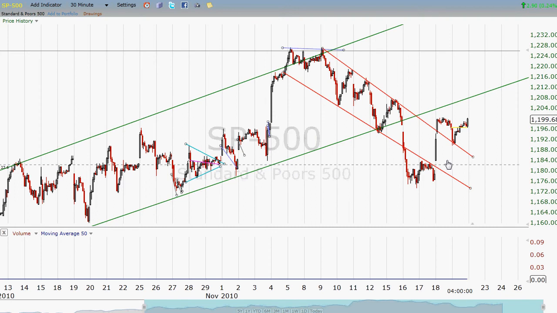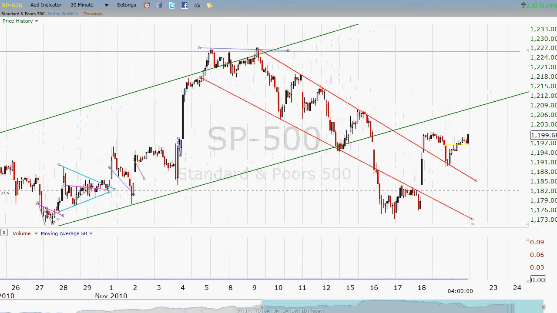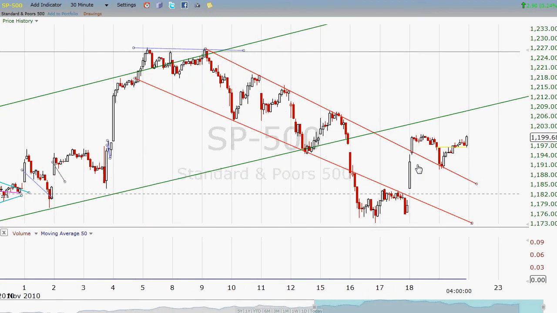Now you remember, if you saw the video yesterday, you may recall that I mentioned we may be making a move back to test this top line of this descending channel that's marked out in red here. And look where it bounced.